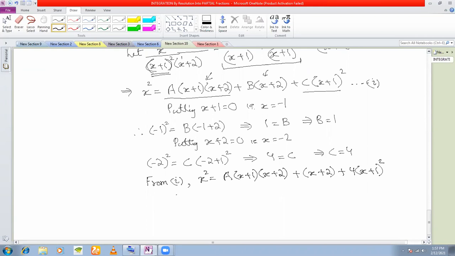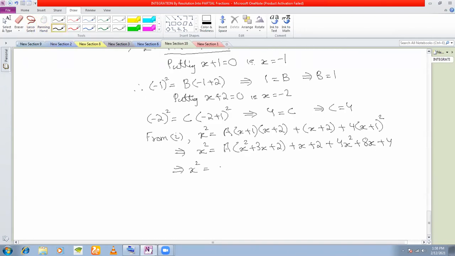Now that means x square, and you multiply everything, you get a x square plus 3x plus 2, plus x plus 2, plus, now if you expand this, you get 4x square plus 8x plus 4, right? That means now you take the coefficient of x squared together.